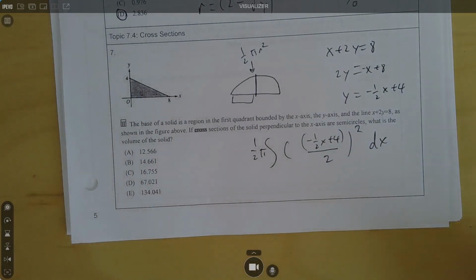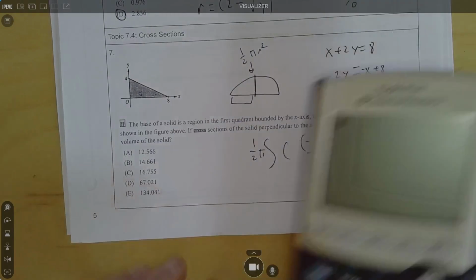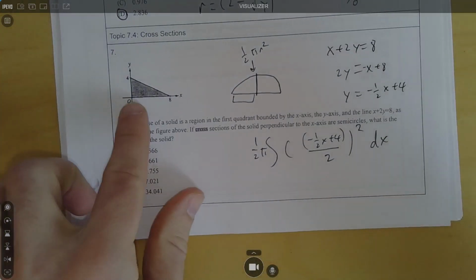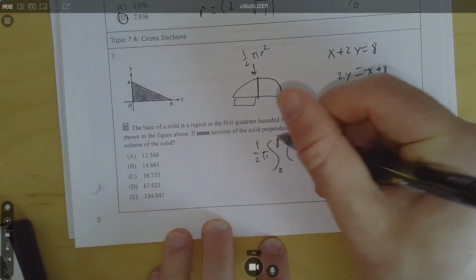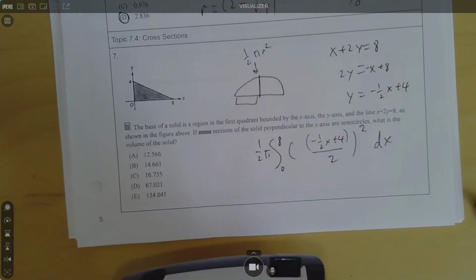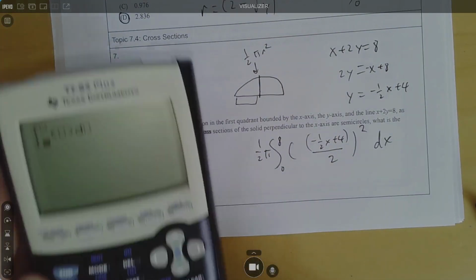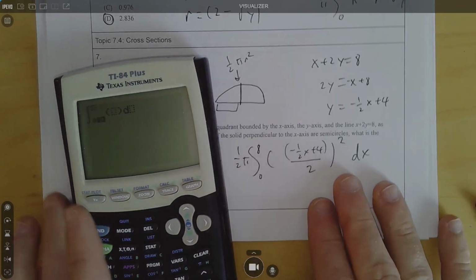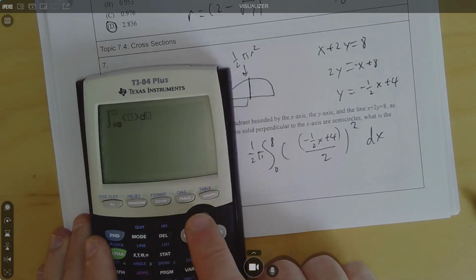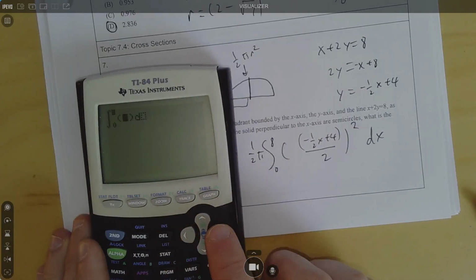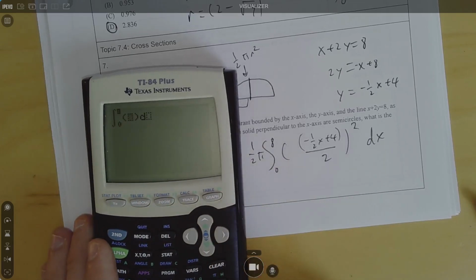Let's put that in the calculator. Oh, and my bounds, 0 to 8. My bad, 0 to 8. It's on the picture. So it's gonna be math 9, 0 to 8. I would probably honestly just do the 1/8 thing if you remember that, but that's not what I'm doing.